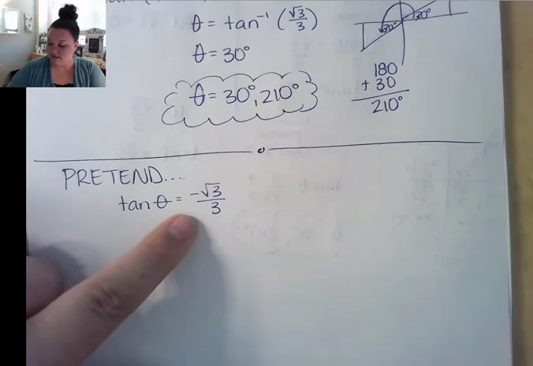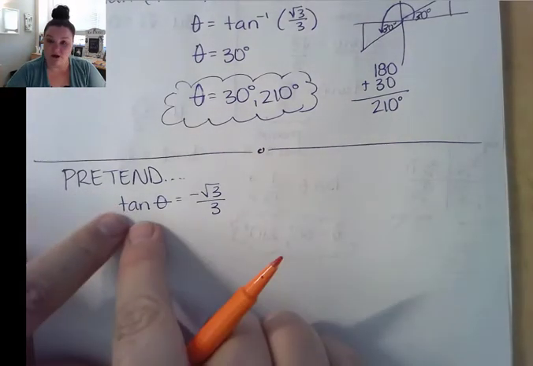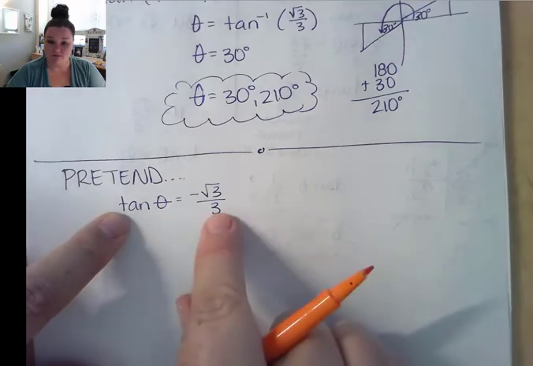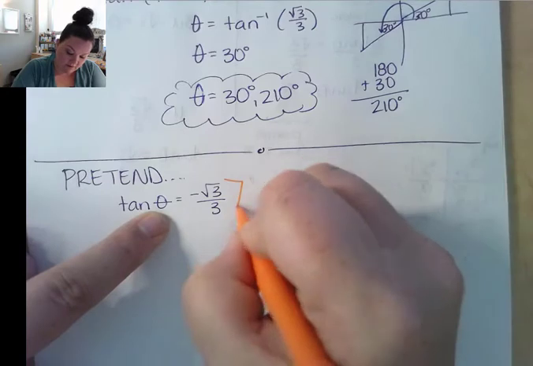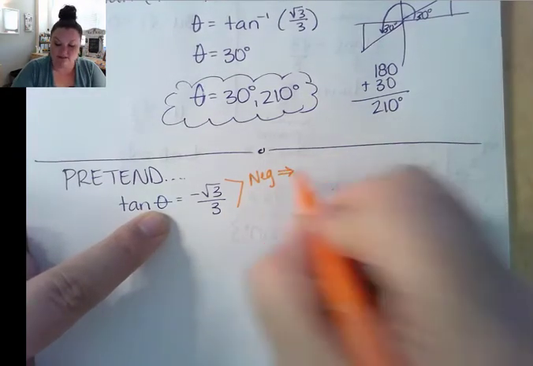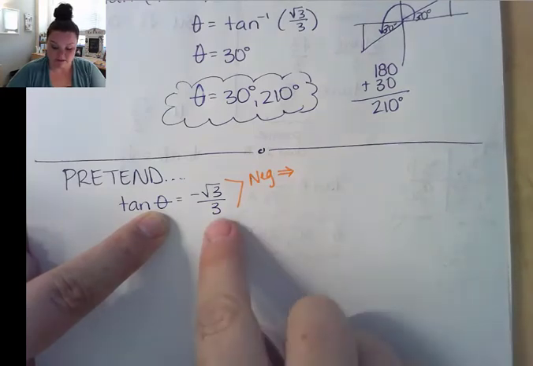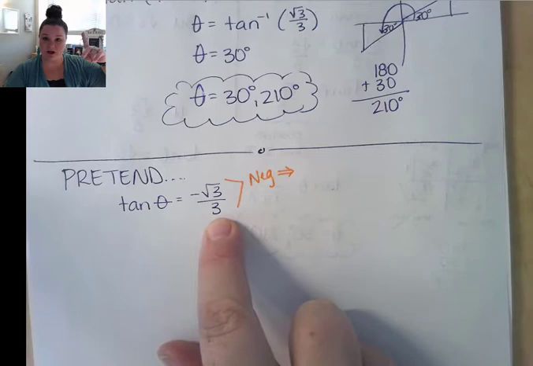But I want you to see here that anytime you know what the sign is of your trig function outcome, it tells you what quadrants the angle is going to be in. Tangent here is giving me a negative. A negative tangent means I had a ratio of a positive to a negative, or a negative to a positive.